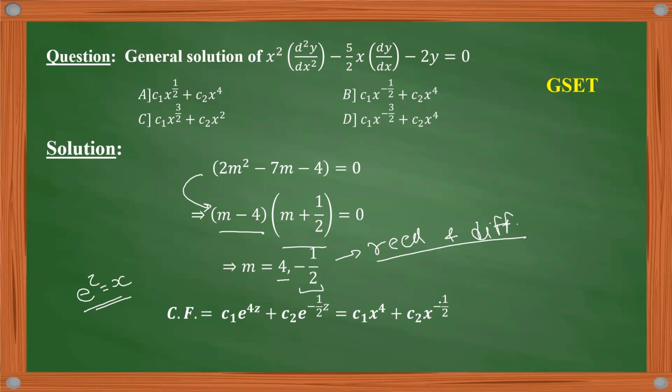Now we need to find its particular integral, but we can see here that our Q(x) is equal to 0. In yesterday's session, we saw a note in the starting portion of particular integral that it depends on Q(x), and if Q(x) itself is 0, then we do not need to find any particular integral. Its value will be equal to 0. So our complementary function is the general solution.